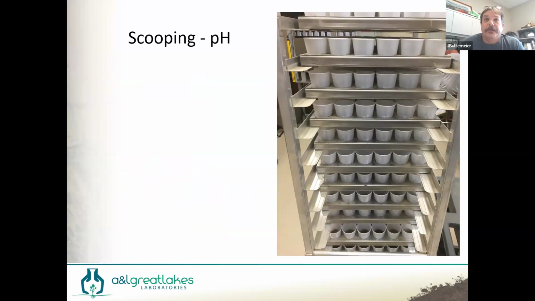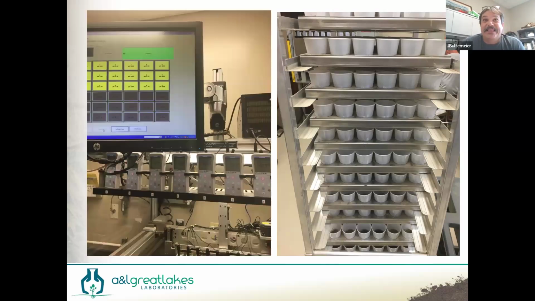The thought there is you'll hear referenced as a 1-to-1 water pH. So it's 1 part soil, 1 part water, and we let that set for 15 minutes. We'll then agitate it, and we have some robotics to do that. We'll agitate it, and then take the pH of the slurry. And this is really a common concept across all of our analytes that are solid.